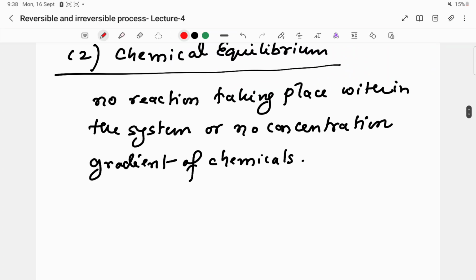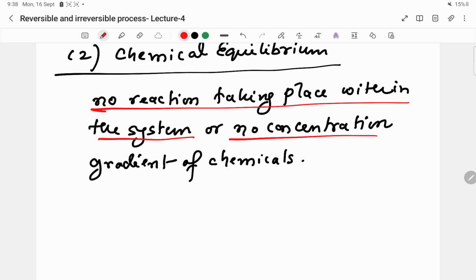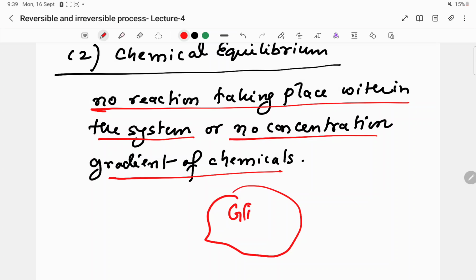And if there is no reaction taking place within the system, or there is no concentration gradient of chemicals, let's say your system has gas 1 and gas 2, both have same concentration, then there will be no reaction.